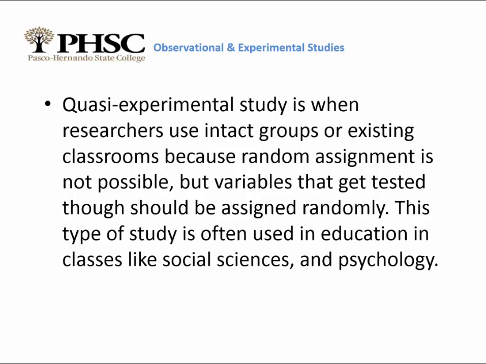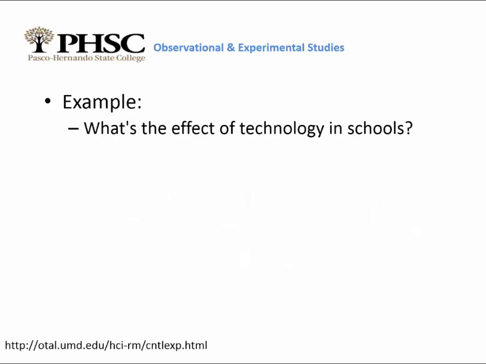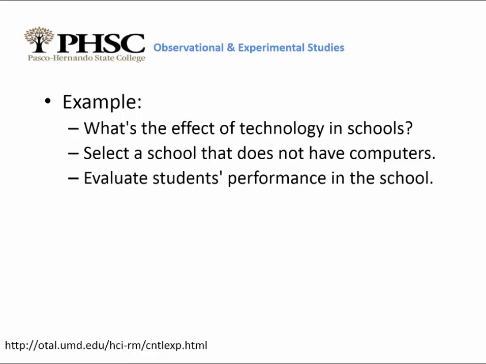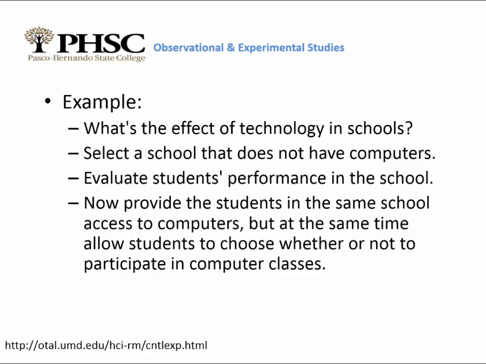And this type of study is often used in education, also in social sciences and psychology. So here's an example. What's the effect of technology in schools? The first thing that happens is that a school is selected that does not have computers. And then you evaluate the students' performance in the school. And then you provide the students in the same school access to computers, but at the same time, you allow the students to choose whether or not they're going to participate in computer classes.